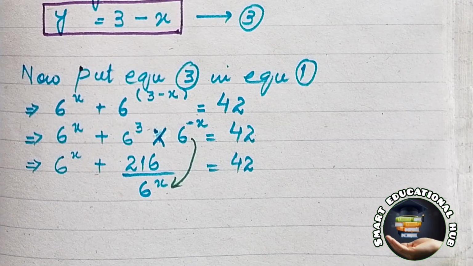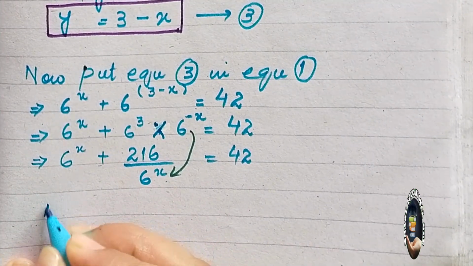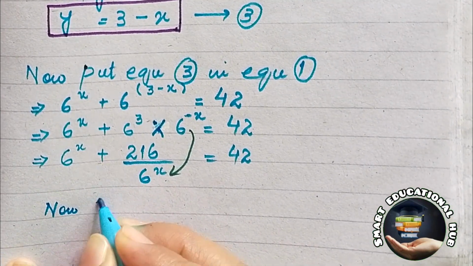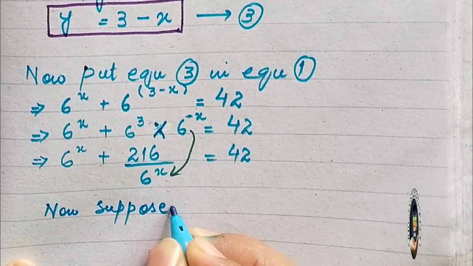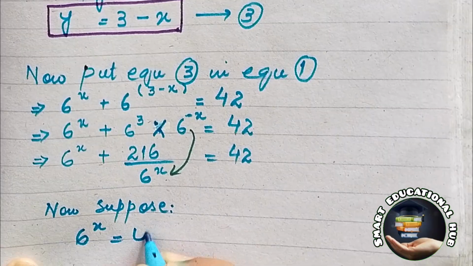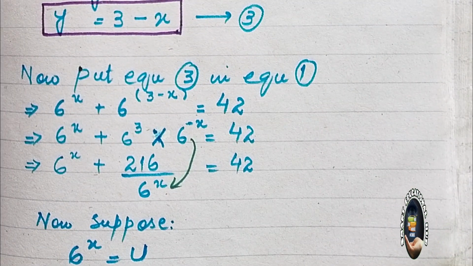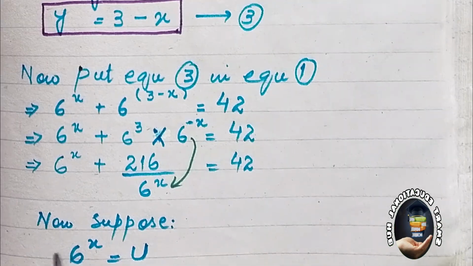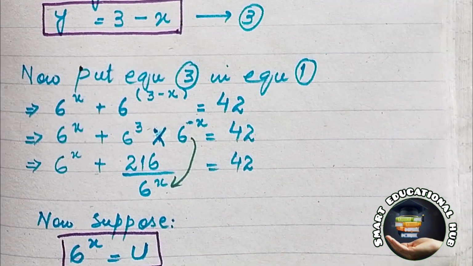So our next step will be, now we will suppose 6 to the power x equals to u, to substitute to make it easier. So let us suppose 6 to the power x equals to u, right?